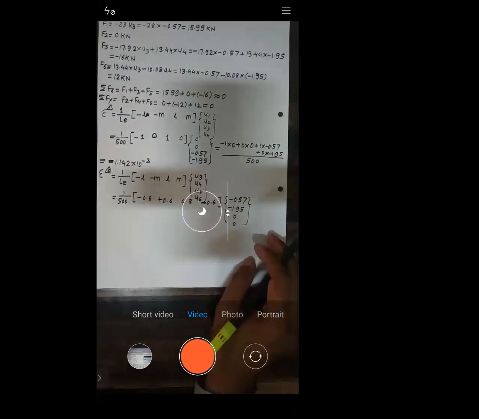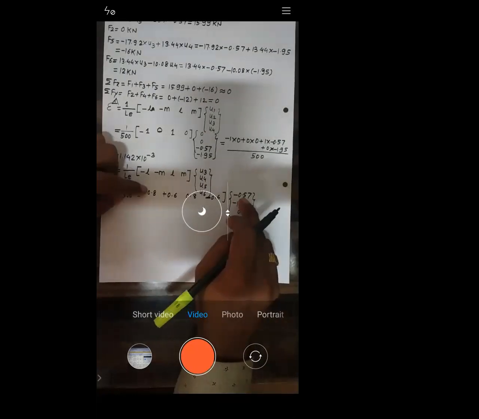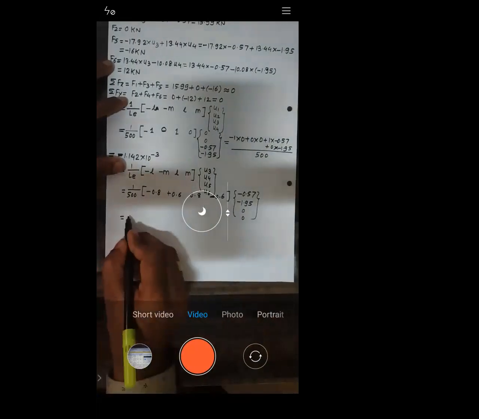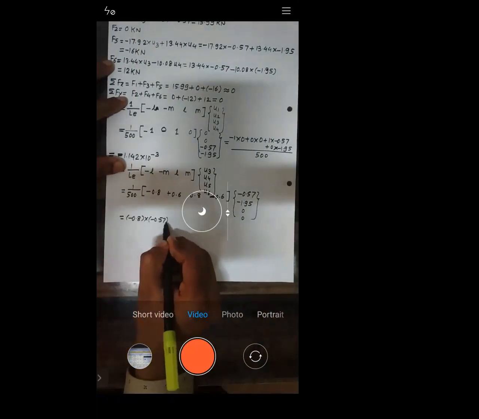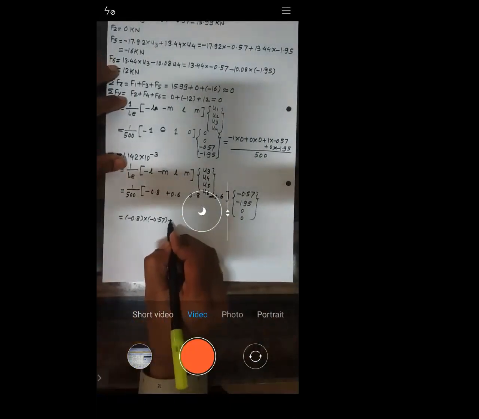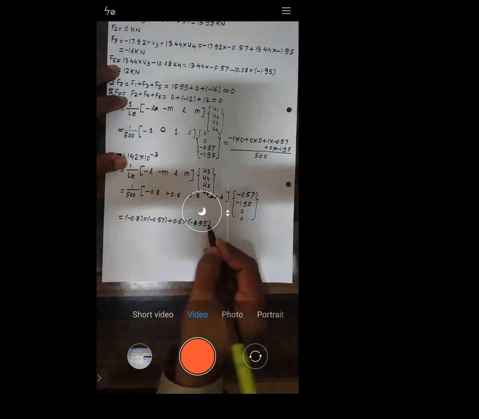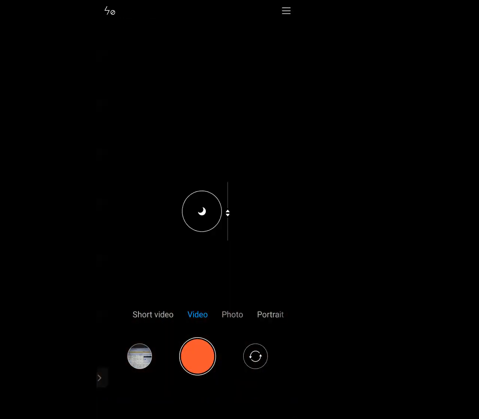Tell me that. How will you do that? See, this into this, right? Minus 0.8 into minus 0.57, plus 0.6 into minus 1.95, plus 0.8 into 0, plus minus 0.6 into 0, right?